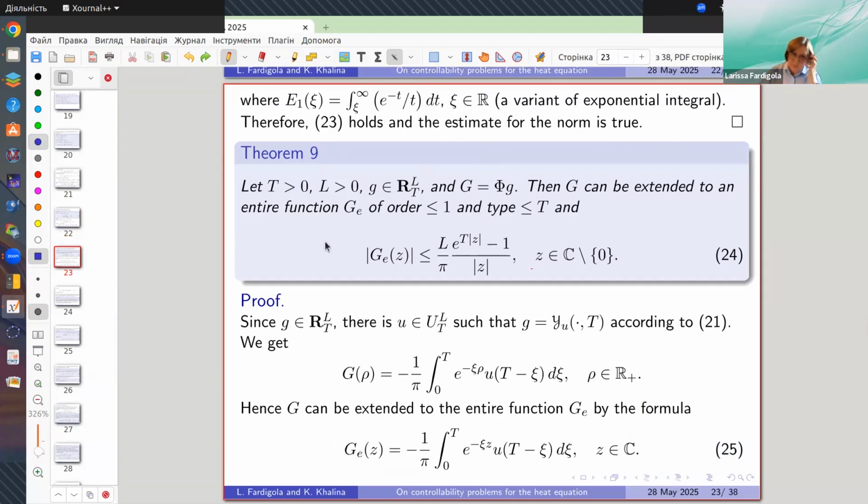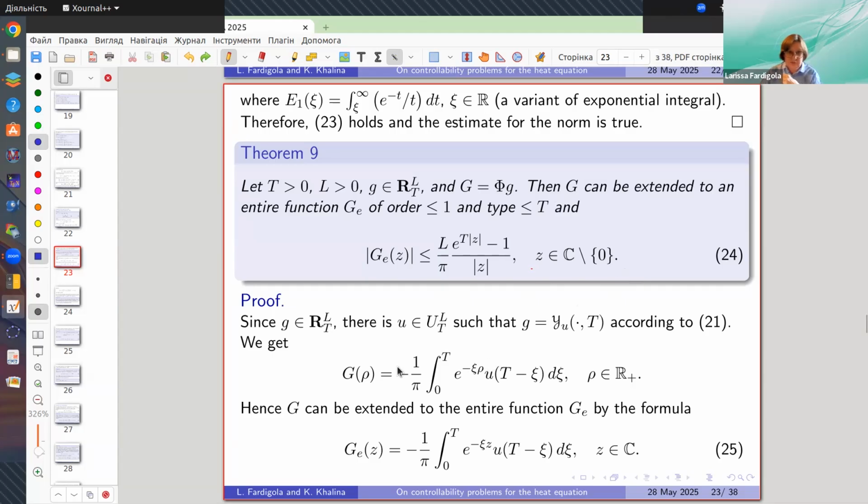Also, we can say that if G belongs to both RLT and G capital equals phi G, then G capital can be extended to an entire function GE of order not greater than 1 and type not greater than t, and has the following estimate.